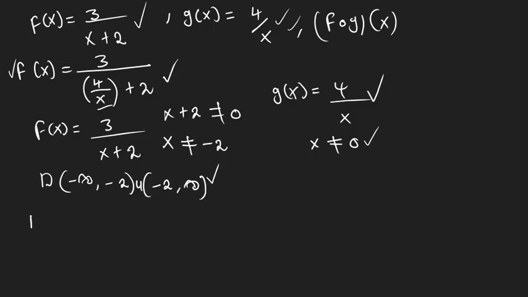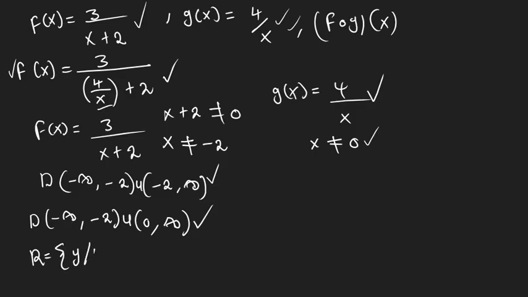I would say the domain is going to come all the way from negative infinity to negative 2, union from 0 to positive infinity. That is one language. In other terms, I'm going to say the range is a set such that y must not equal negative 2. Sorry, this is supposed to be the range.